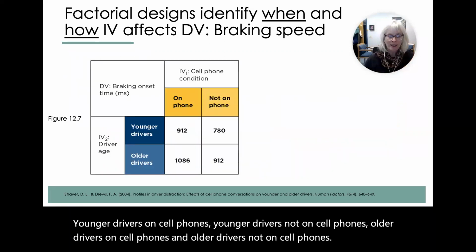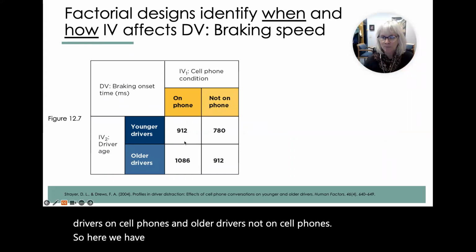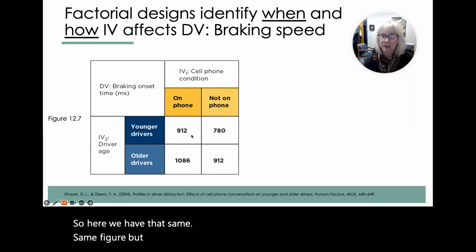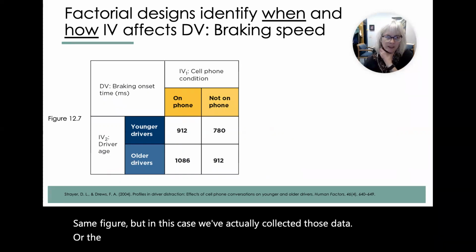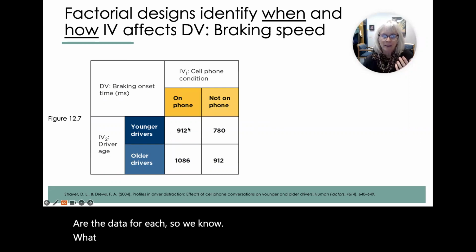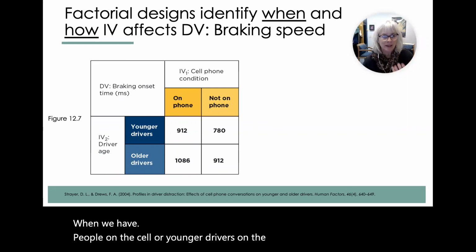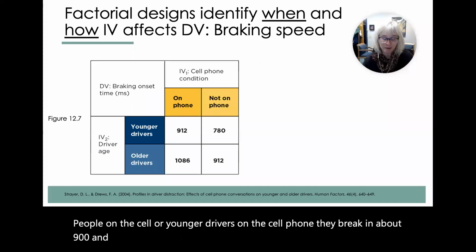So here we have that same figure, but in this case, we've actually collected the data for each. So we know what is happening when we have younger drivers on the cell phone. They brake in about 912 milliseconds.